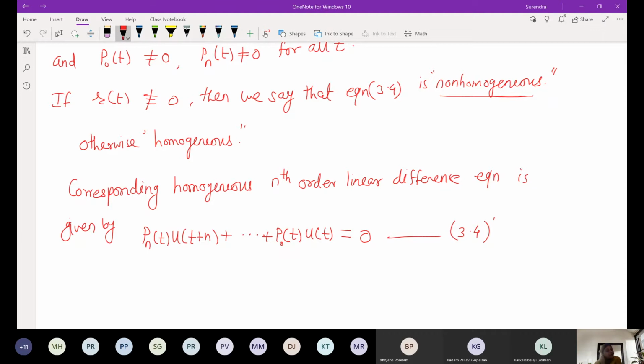Where Pn(t) and P0(t) must be non-zero for all t in the domain.